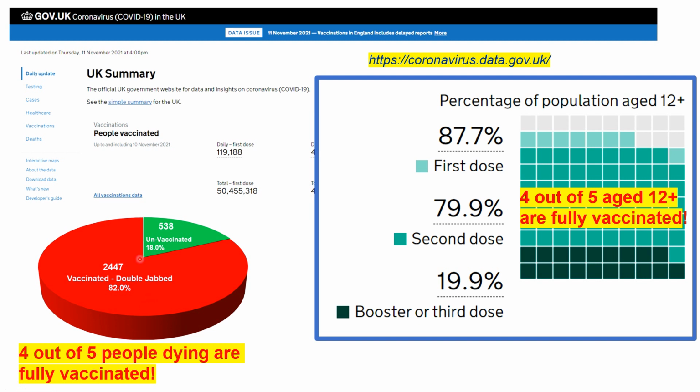Now surely if the vaccines were effective, this slice of the cake should be a lot smaller, not in the same proportion, because just simply looking at that, you would have to say, what on earth is the vaccine doing? On that basis, it doesn't appear to be doing a lot.